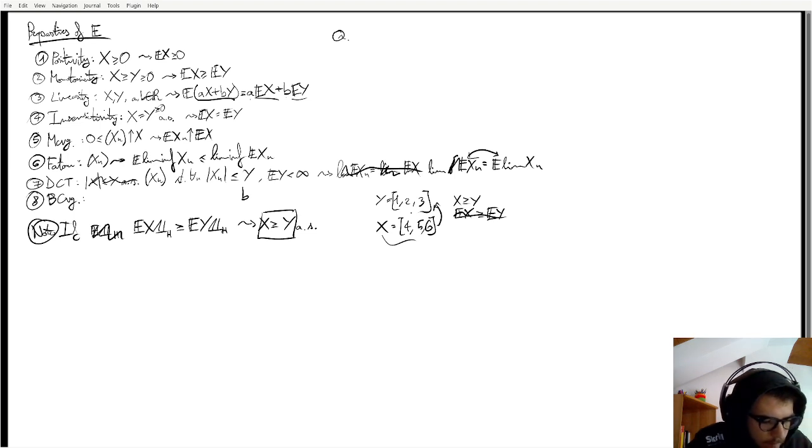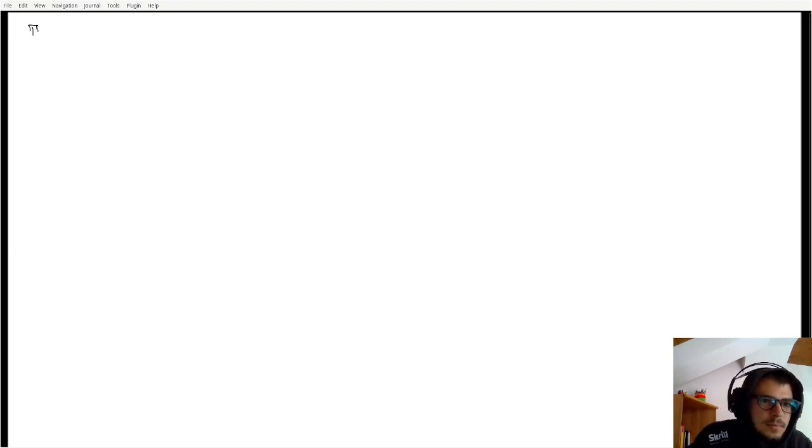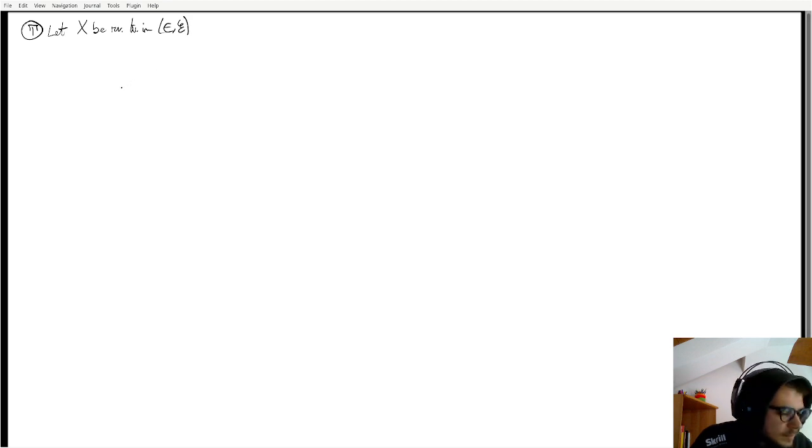Now, let's write a theorem which describes the expectation of a function of a random variable. Let x be a random variable taking values in space C, which is measurable relative to h and e.